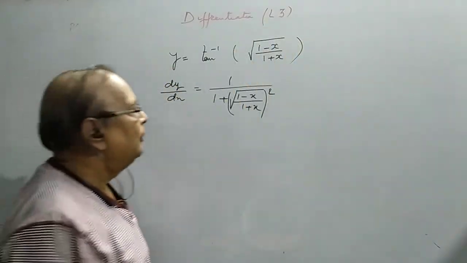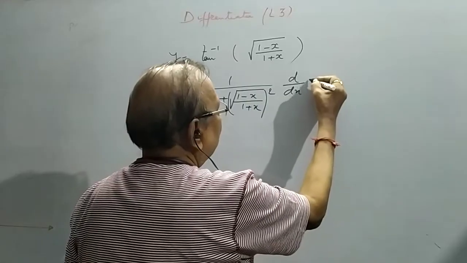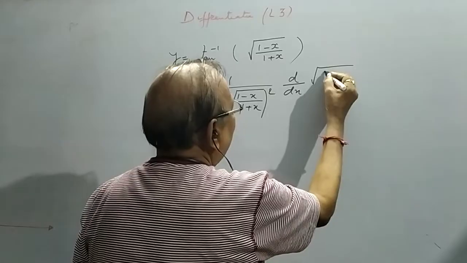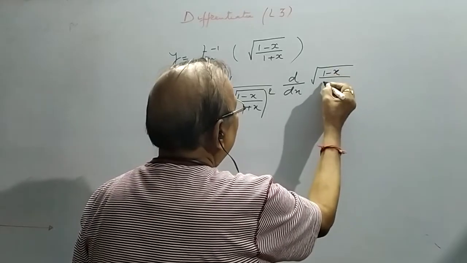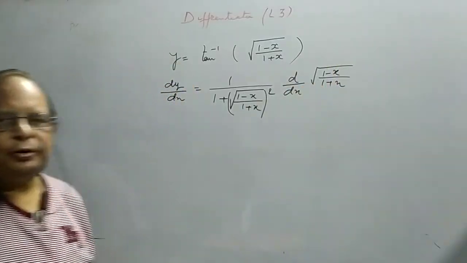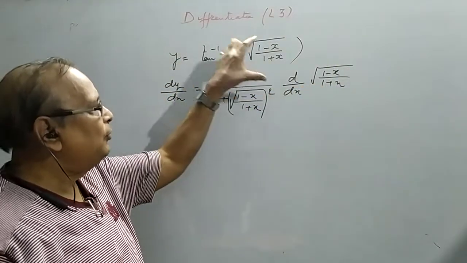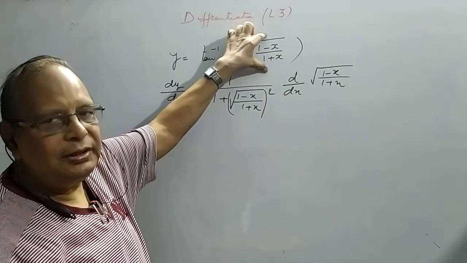Now d by dx of what is here, we have to write directly what is here. We do not have to think regarding the expression, because we have to write this expression only.